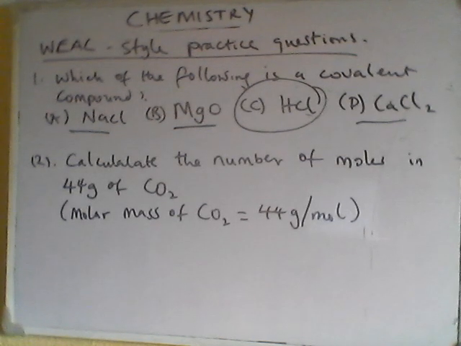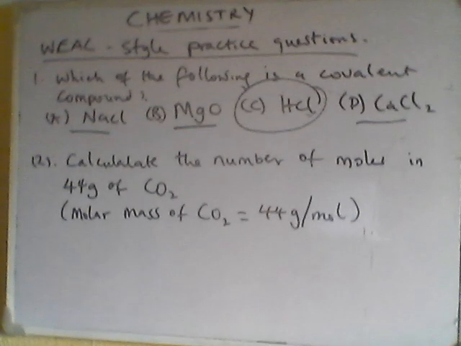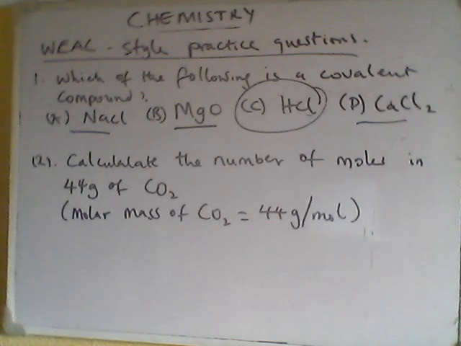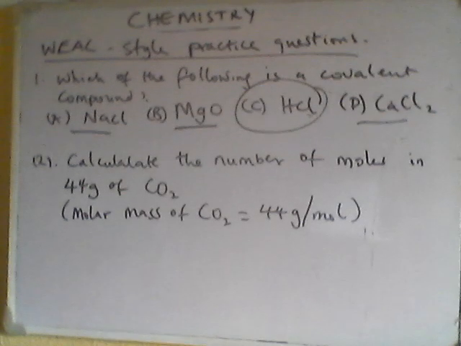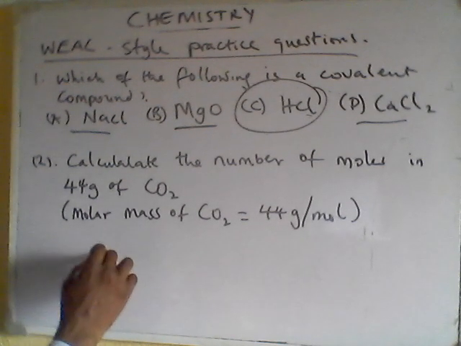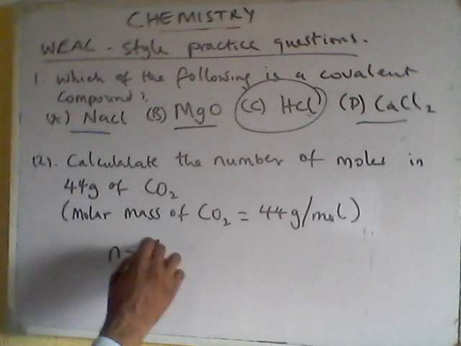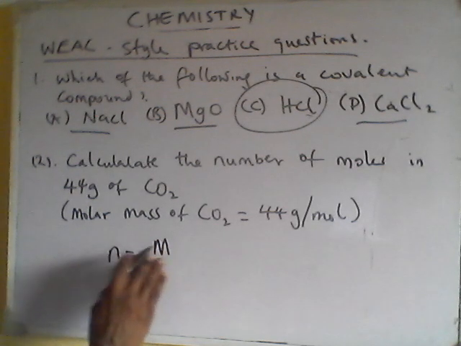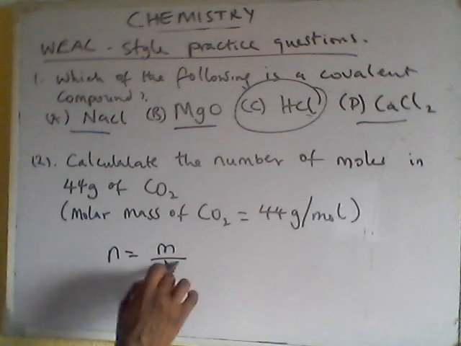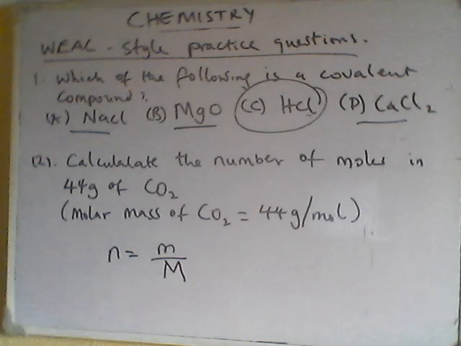Then the second question said calculate the number of moles in 44 grams of carbon dioxide. Okay. Carbon dioxide, please. We said that number of moles n is equal to mass in gram, so I can say small m over big M. Mass in gram over relative molar mass.